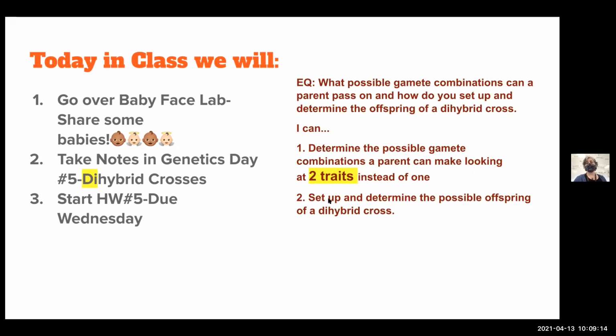And I can set up and determine the possible offspring of a dihybrid cross. Okay, so it's twofold. You need to figure out what gametes the parent can make, and then you need to set up a Punnett square with them and figure out the offspring.